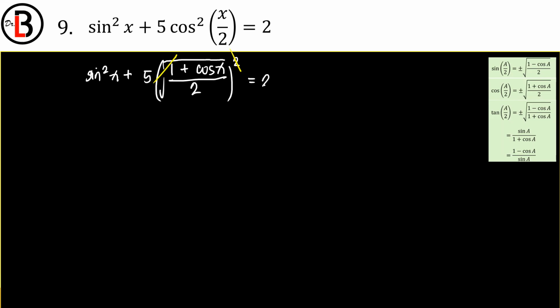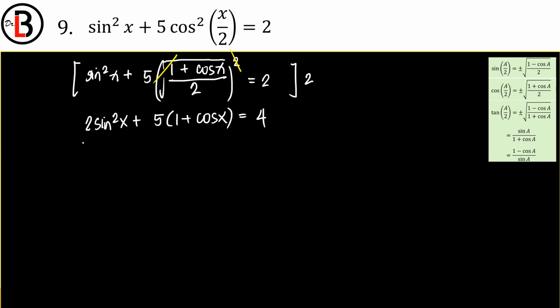Then that's equal to 2, right? So if we multiply everything by 2, because there's an over 2 at the bottom that I don't need, 2 sine squared x plus 5 of 1 plus cosine x equals 4.